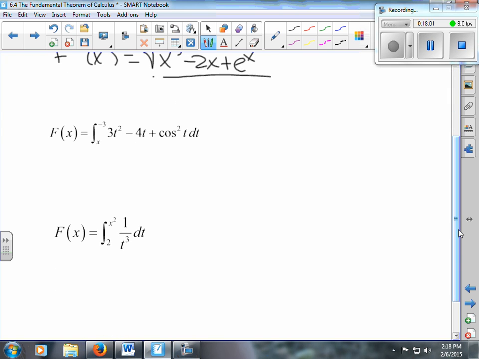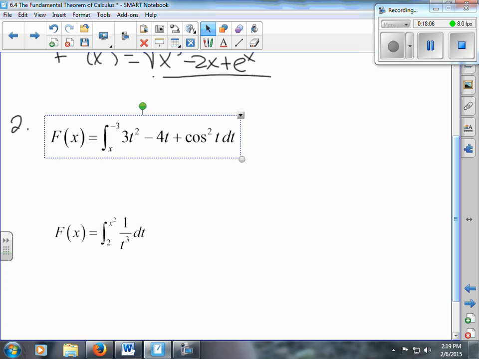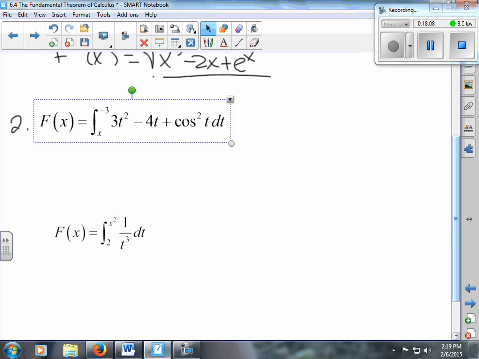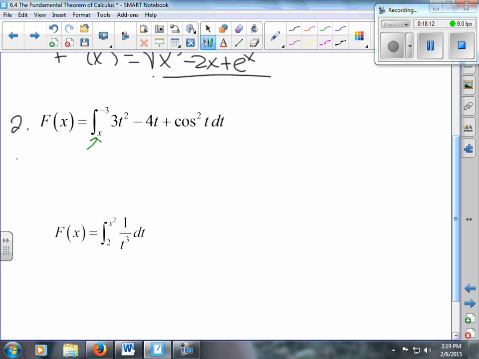Okay, so here's example number 2. Let me zoom this in a little bit. In example number 2, this is a little bit different, because look what's happening here. The x is on the bottom. The formula doesn't work if the x is on the bottom. So what you have to do is rewrite the question so the x is on the top. And we learned about this last time.